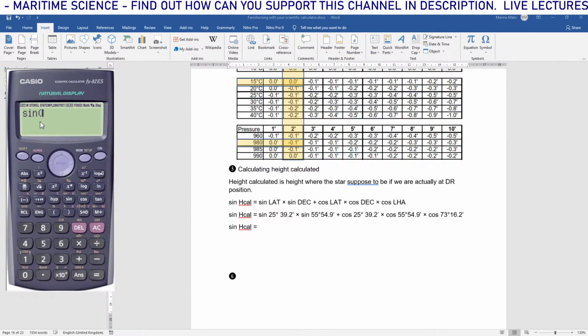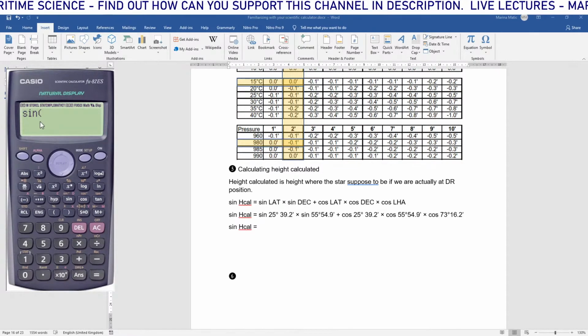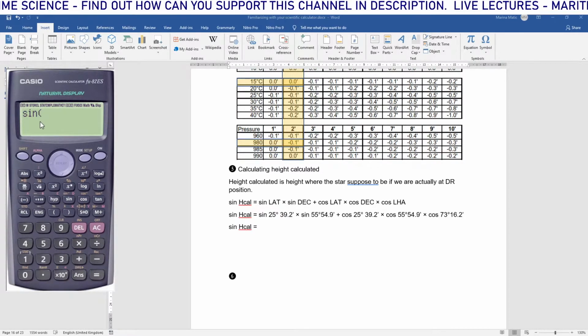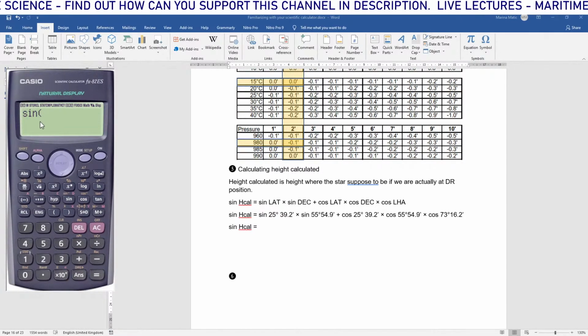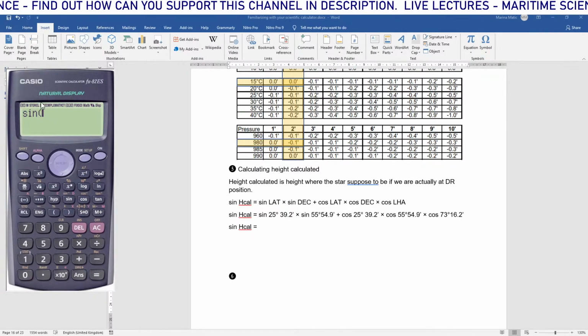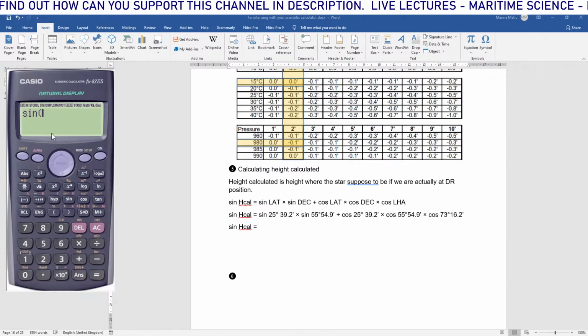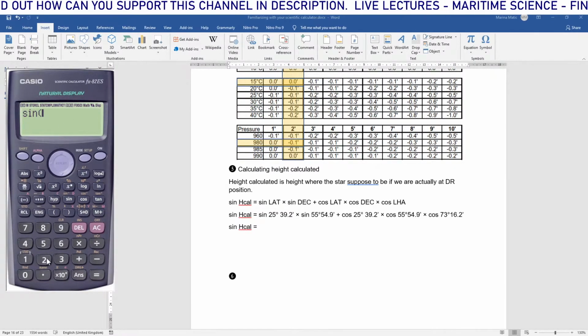So I have to close the bracket after I press sine or cosine or any trigonometry function. If you have a calculator that doesn't open the bracket when you click sine, you do not have to close it. In my case, I have to close it because it's opening it.